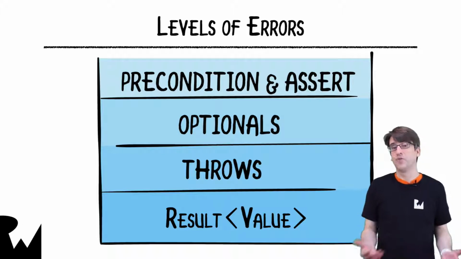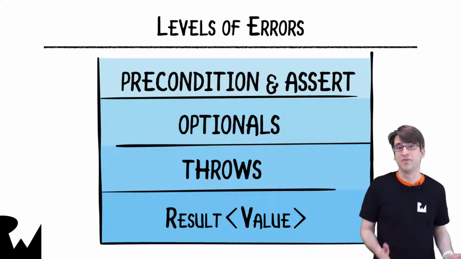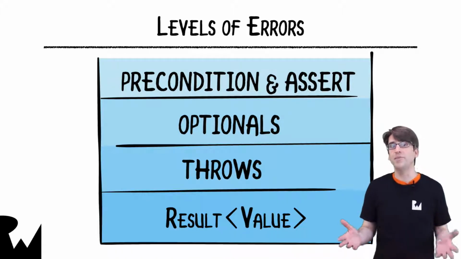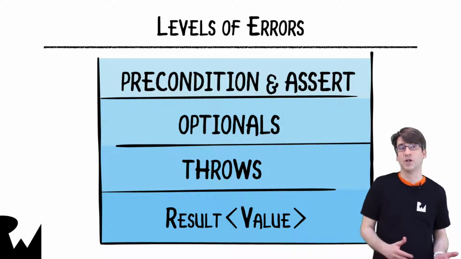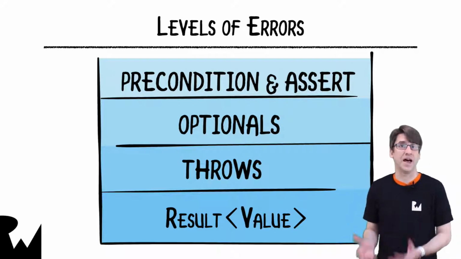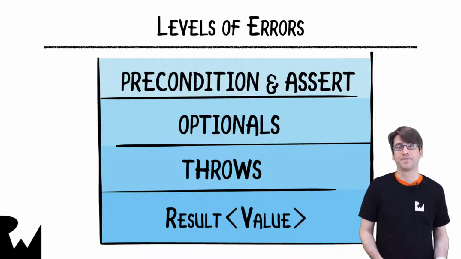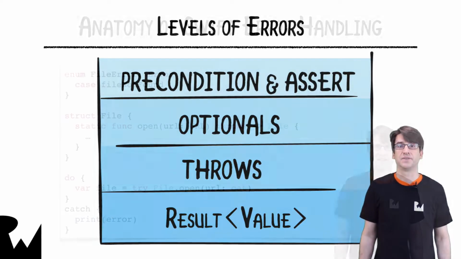This is a good form of handling simple failures, but for more complicated failures, Swift has a first-class error handling system, and that's the throws system. Finally, you can use a type like a result type that will optionally, much like an optional type, either return a value or an error. And that can be useful in asynchronous conditions.